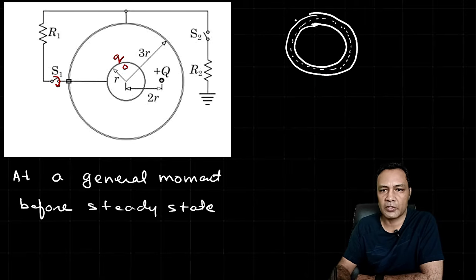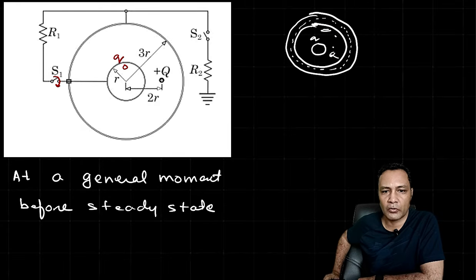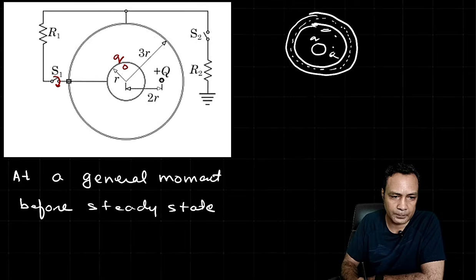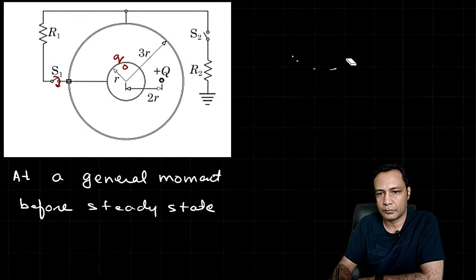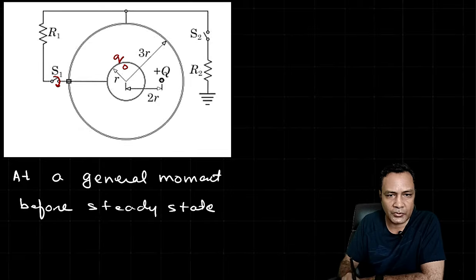So the charge here would be, because a charge q is there and the charge capital Q is there, minus of small q plus capital Q. So the charge at the inner surface of the outer shell should be minus q plus capital Q.